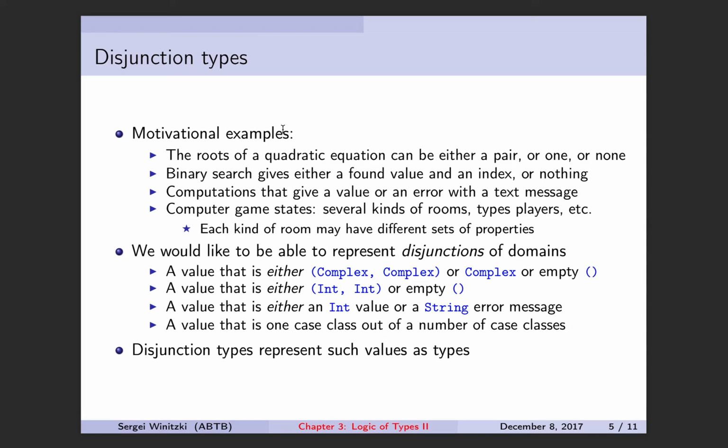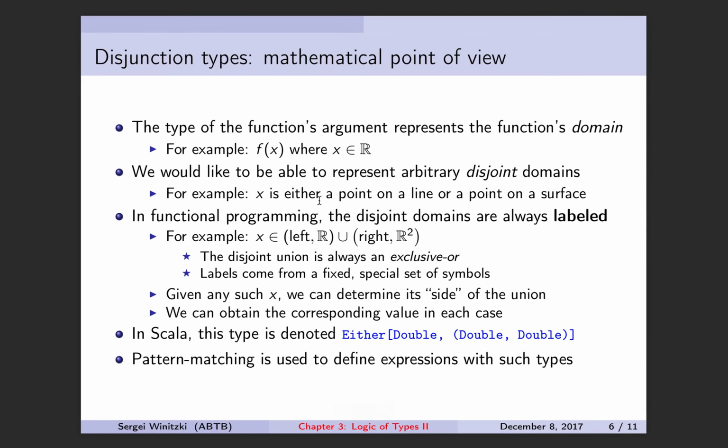So disjunction types are types that describe disjunctions, logical or set disjunctions of domains. So for instance, a value that's either one kind of value or another kind of value or another kind of value. Each of the parts of the disjunction is a different type on its own, and there is no mixing of them. So for example, it's either a point on the line or a point on the surface, but it cannot be both.